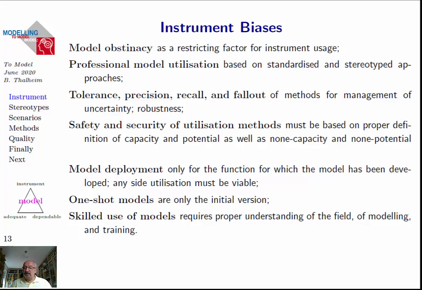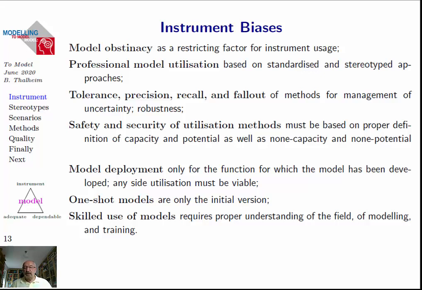Of course, we are oriented on a model deployment only for the function for which the model has been developed. Any side utilization must somehow have a viability. Maybe we can use one-shot models as the initial version.